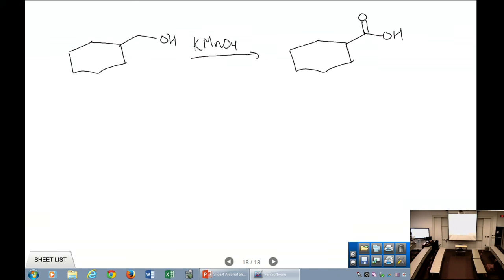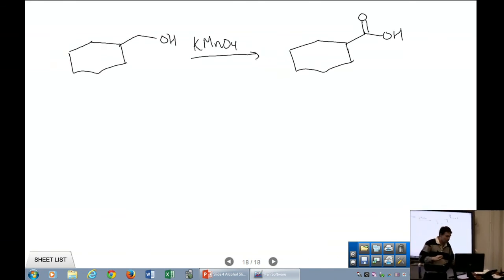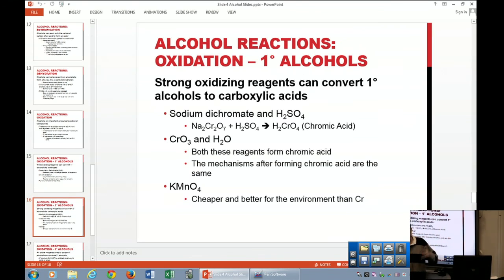Yeah. So all of these oxidants, these three go beyond the aldehyde, and they will oxidize the aldehyde into a carboxylic acid. So your primary alcohol becomes a carboxylic acid.